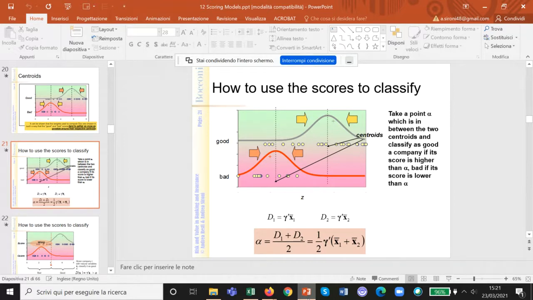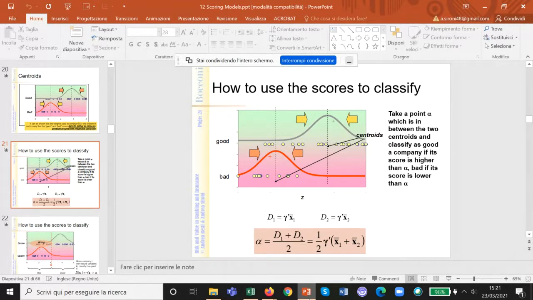As you can see in the equation in the bottom of the slide, it is the arithmetic average of the two discriminant score functions for good and bad companies, and in some way we use it as a kind of threshold, i.e., by basically saying if the value of the individual company is higher than this threshold alpha, then we classify it as a good company, and if it's lower, we classify it as a bad company.